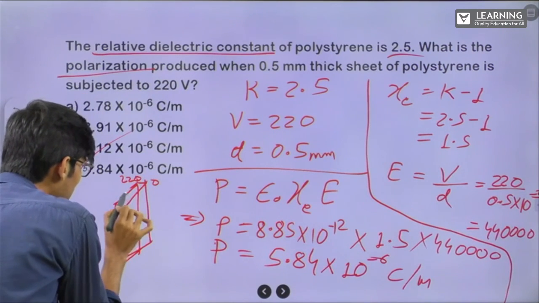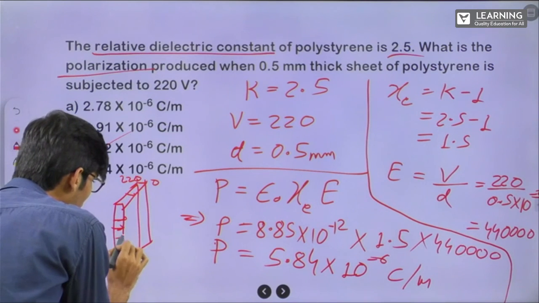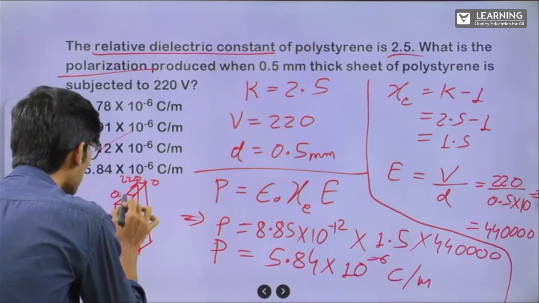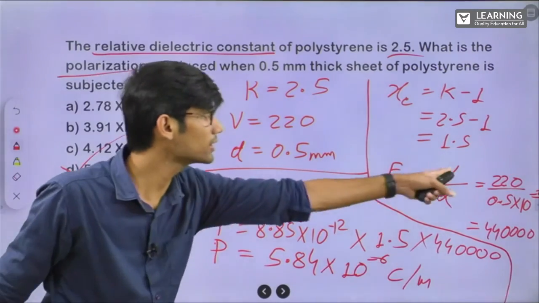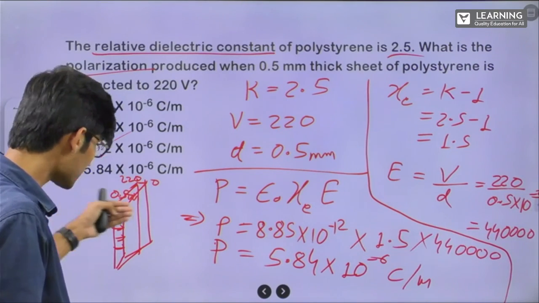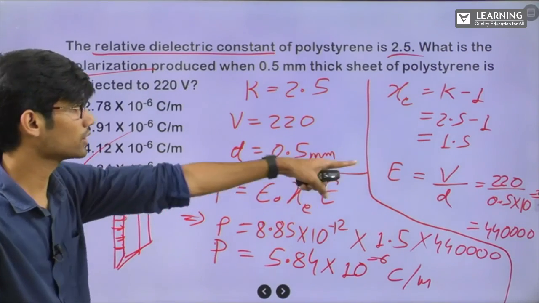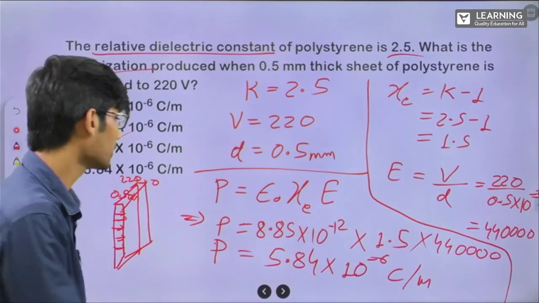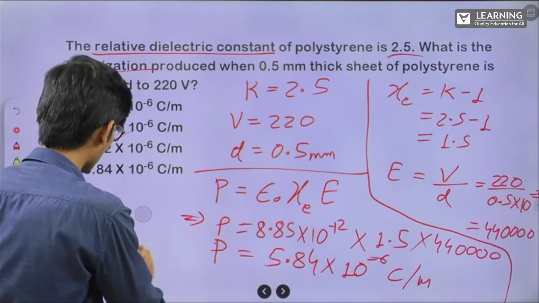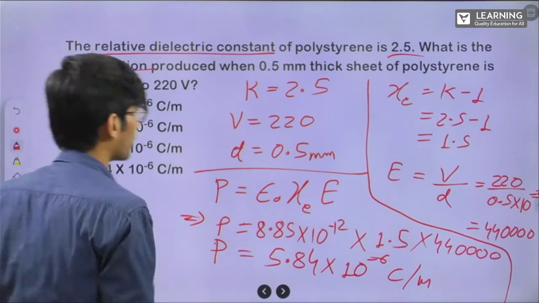So in this thickness, there will be electric field. The thickness in which the electric field exists is 0.5 mm. That's why this E is V by D. This potential difference is due to the electric field in this thickness, right? So E is equal to V by D. From there we got the E, and then we put it in the formula. Okay, got it?